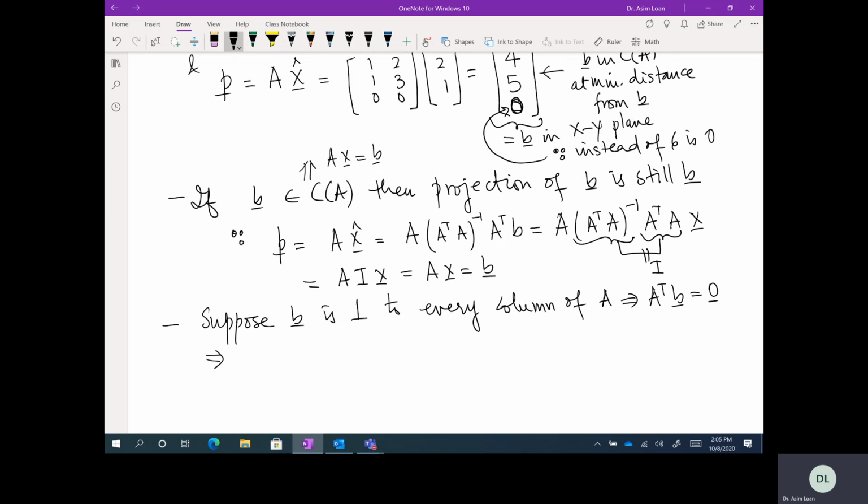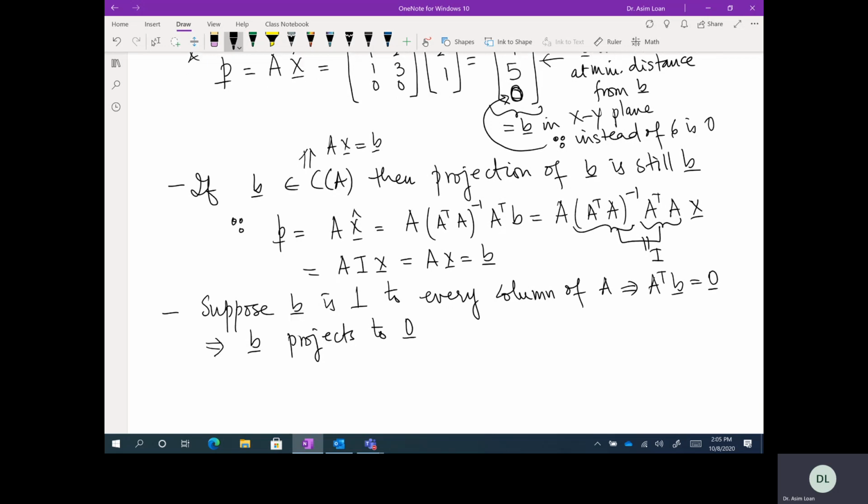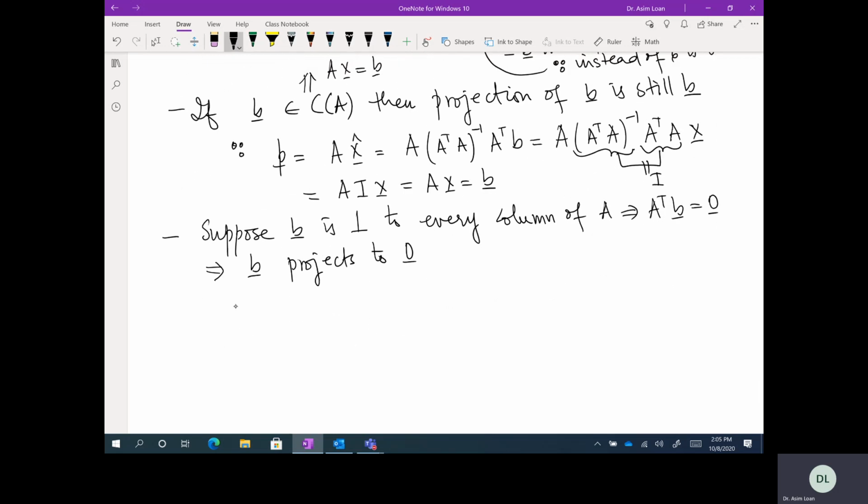So this implies B projects to the origin. Let's see whether this happens or not. P equals A into (A transpose A) whole inverse into A transpose B. Since A transpose B is equal to 0, this is equal to A into (A transpose A) whole inverse into 0, which is equal to 0.